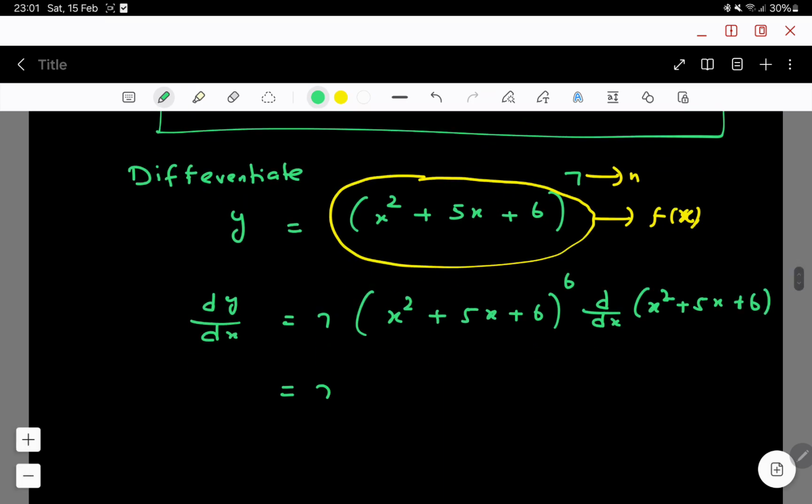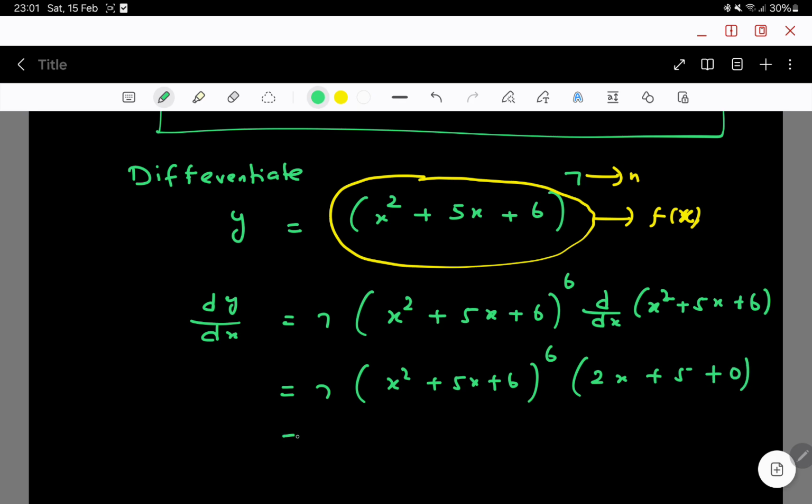So differentiate x square, we get 2x, plus 5 into 1. d by dx of 6 is 0. So we get 7 into x square plus 5x plus 6 whole power 6 into 2x plus 5. That's all.